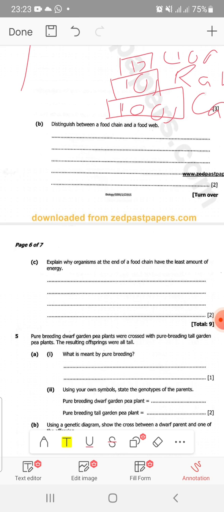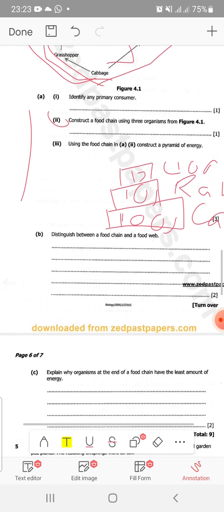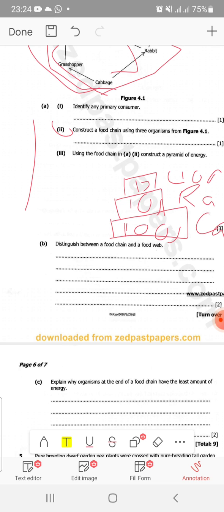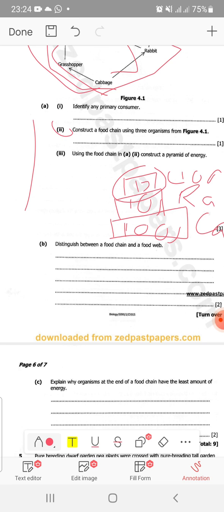C, explain why organisms at the end of the food chain have the least amount of energy. If you check the pyramid of energy which we drew here, you can agree that the trophic level at the end has less energy for sure.